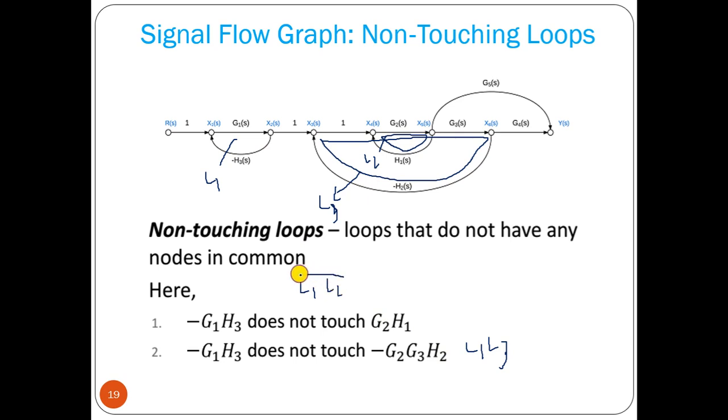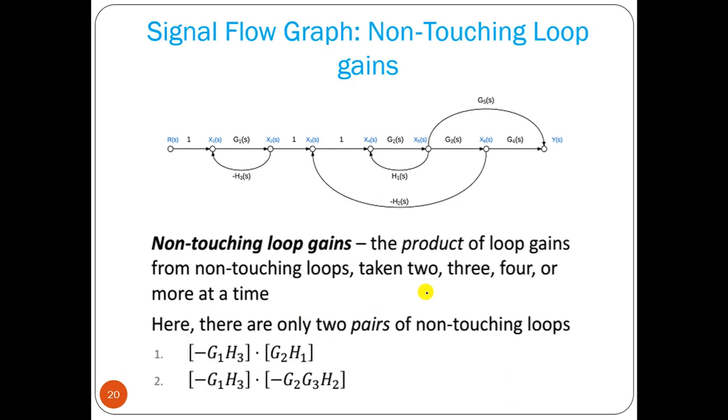Then we can find their gain, that means we take the product: L1 multiplied with L2, L1 multiplied with L3. That is the gain of two non-touching loops.